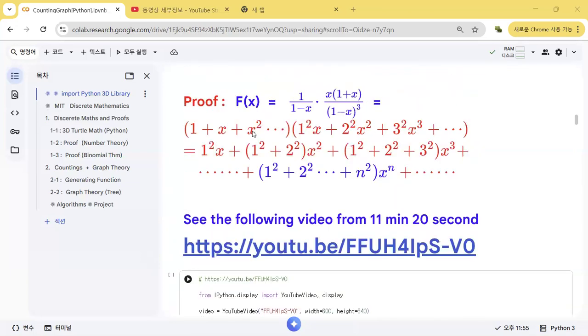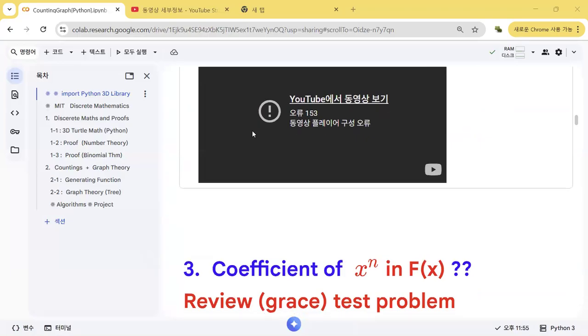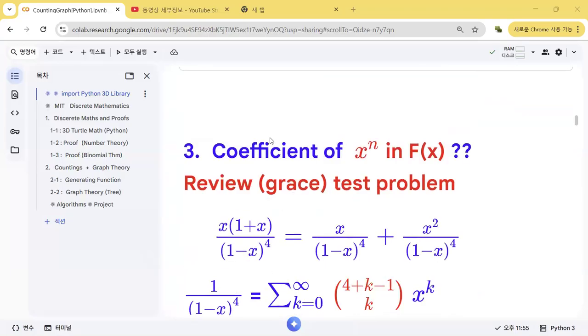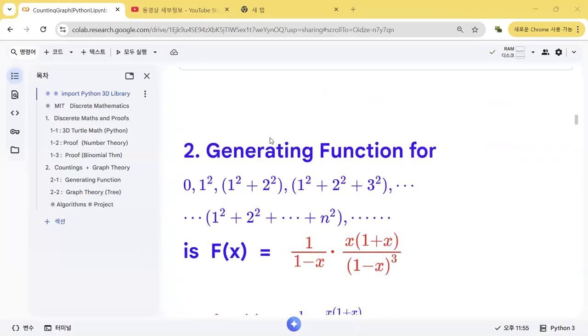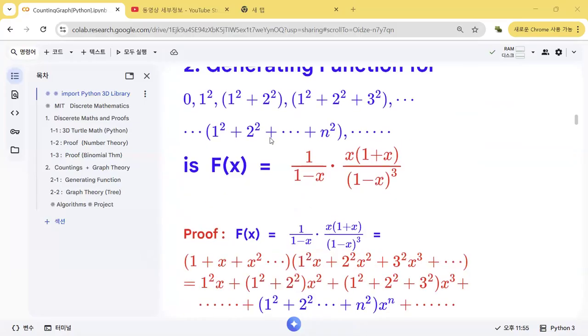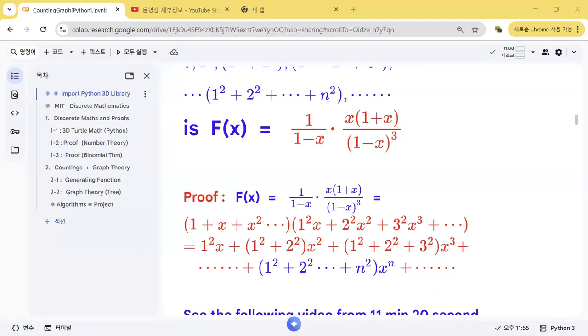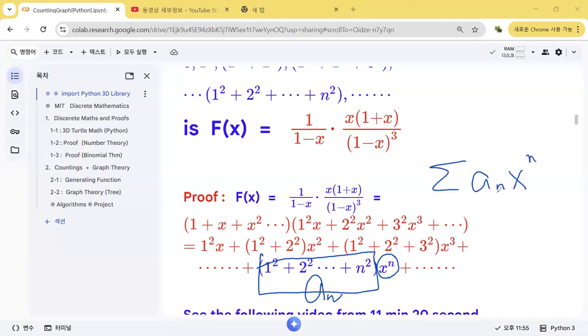Now, from part two, the coefficient of x to the n, this coefficient a_n, of the sum, gives the general formula for the sum of integers.